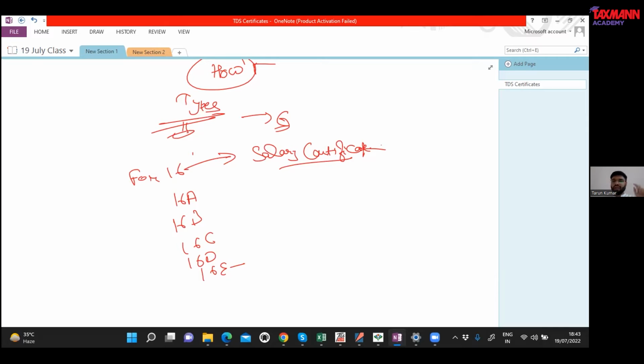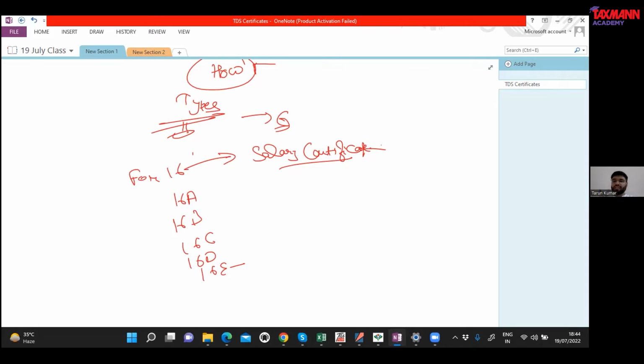If anyone issues your manual TDS certificate, there are chances there might be some error, because anything can be entered manually in any certificate issued, but only the valid TDS certificate is which is downloaded from the TRACES portal. So while getting any form 16 from the deductor, you as a deductee, you always need to ensure that the TDS certificate has been downloaded from the TRACES portal.